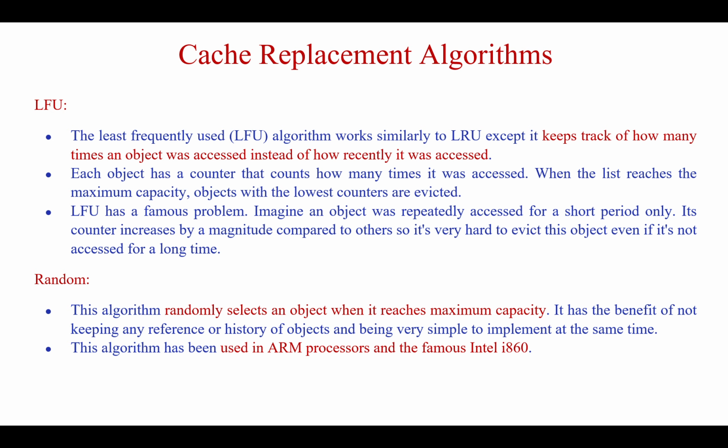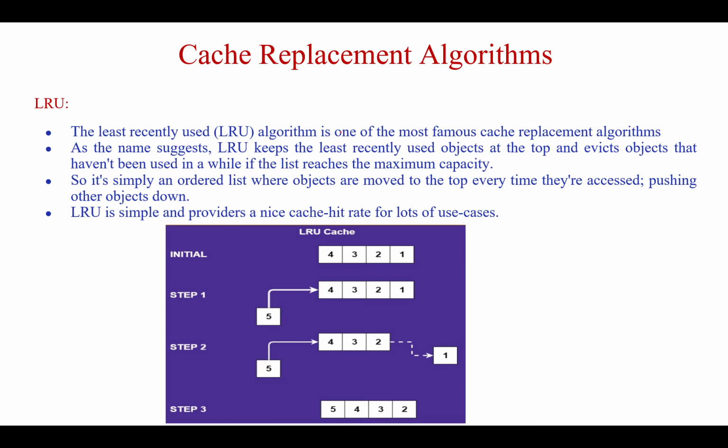Next, least frequently used, which is similar to least recently used, but here we keep a count of how many times each is used. For example, we have 4, 3, 2, 1, in which 4 is used 4 times, 3 is used 3 times, 2 is used 2 times, and 1 is used only 1 time.